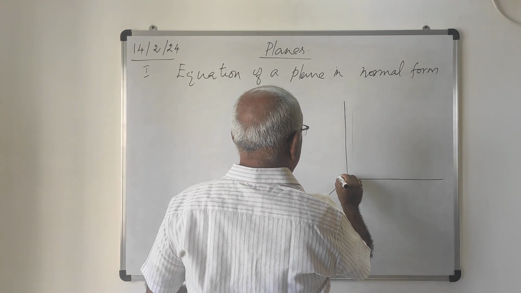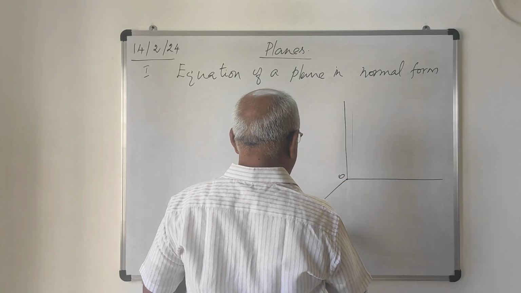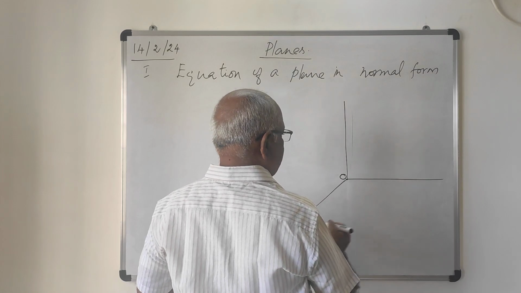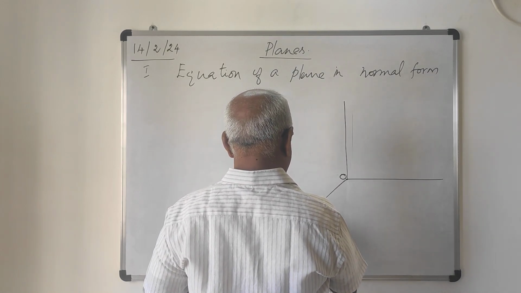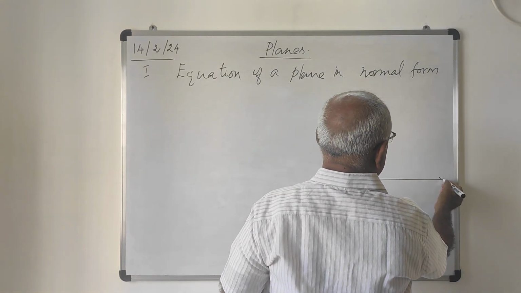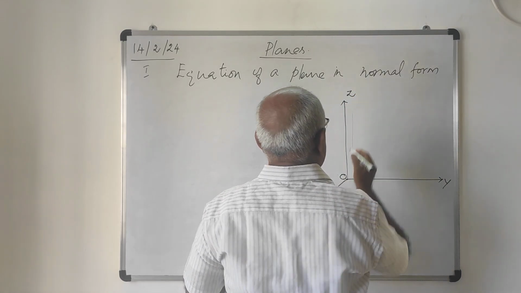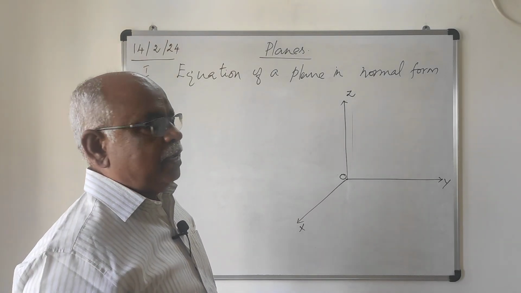This is OX, the three-dimensional coordinate system. This is the x-axis, and OY and OZ are the three mutually perpendicular coordinate axes.